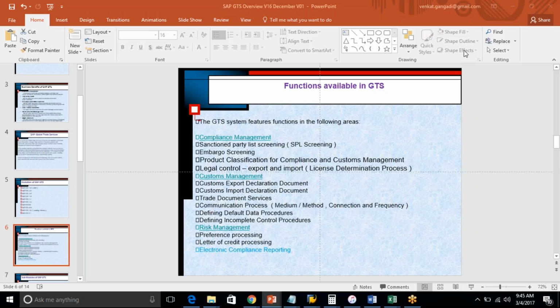When I say the complete overview, I'm going to explain what the different functionalities available in the GTS module are.